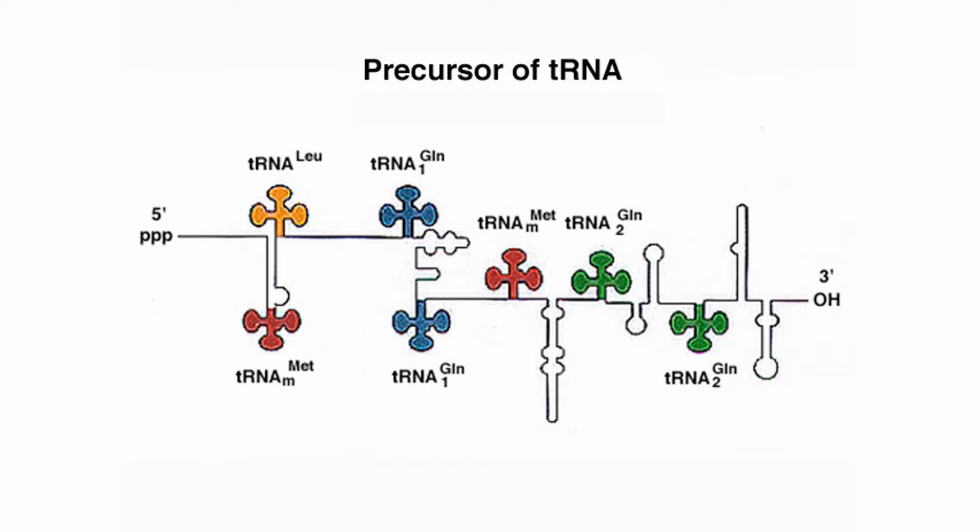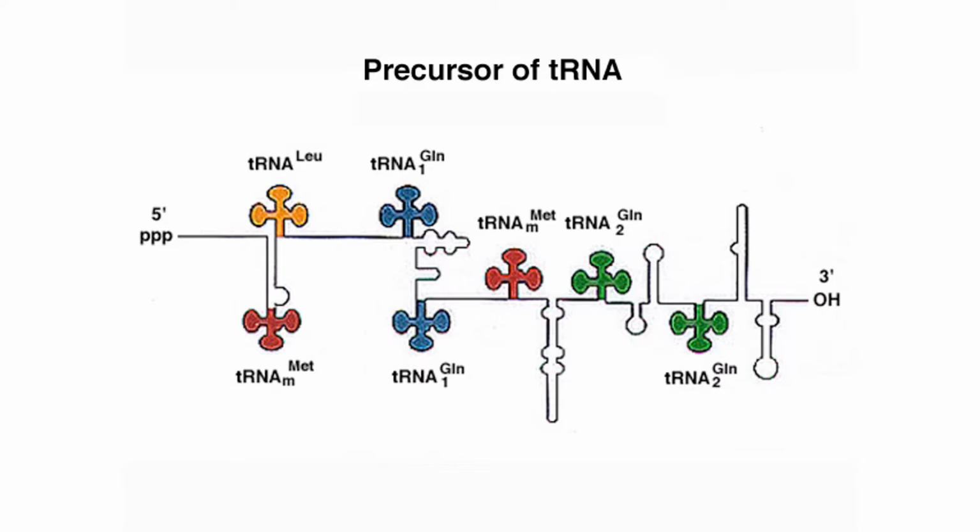So this is a precursor of tRNA. This is an RNA transcript that contains a number of tRNAs with extra RNA between them. So the synthesis of tRNA is going to involve an interesting multi-step process.